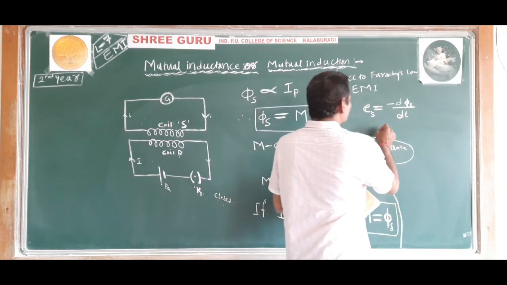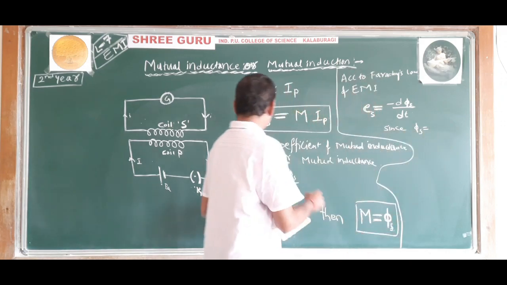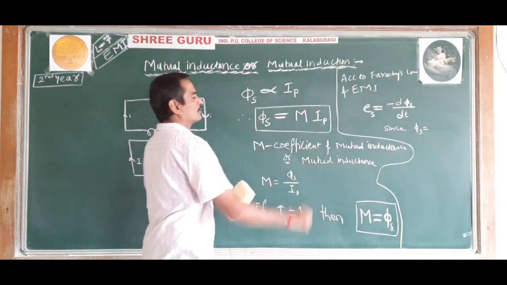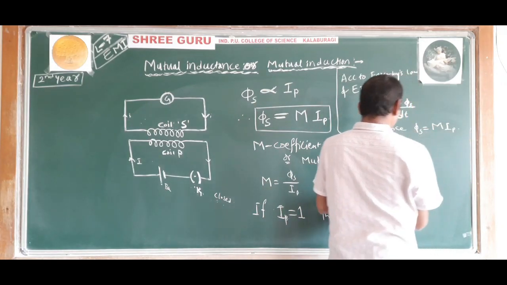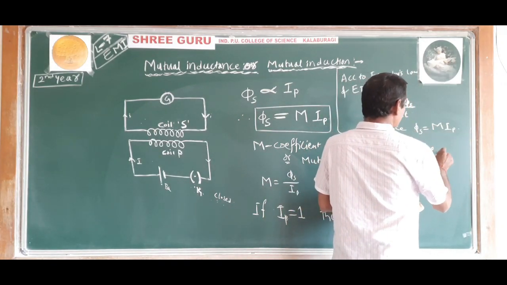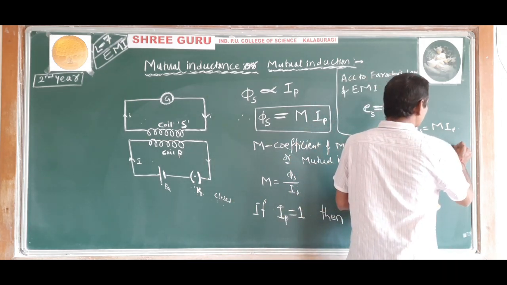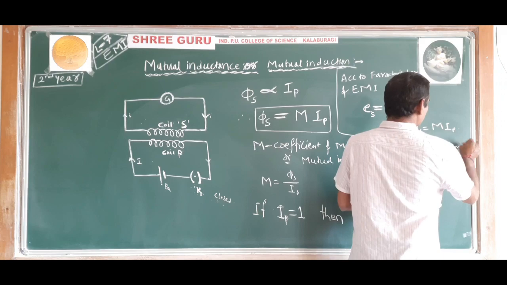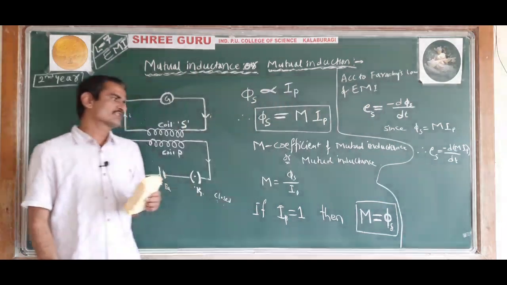So since phi s is equal to M into Ip, therefore ES is equal to minus d by dt of M into Ip. M is nothing but the coefficient of mutual inductance.